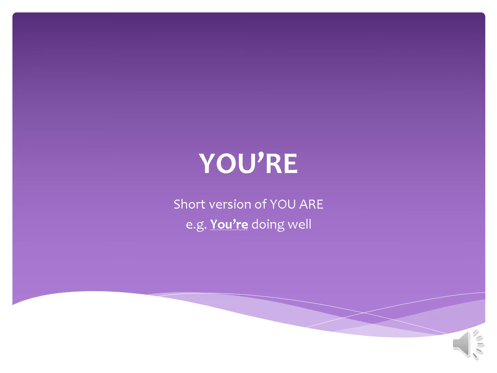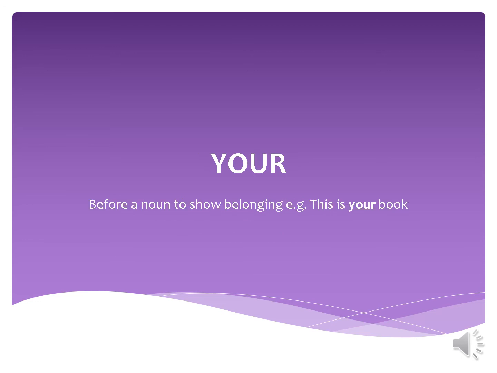Firstly, Y-O-U apostrophe R-E. The apostrophe means that this is the short version of you are. For example, you are doing well. So we shorten that to Y-O-U apostrophe R-E. And Y-O-U-R goes before a noun.